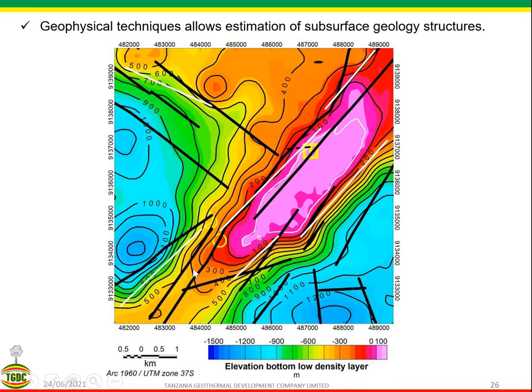And the yellow circle represents thermal manifestation, this one. And the yellow square, this is the mountain, Gelai Hill.